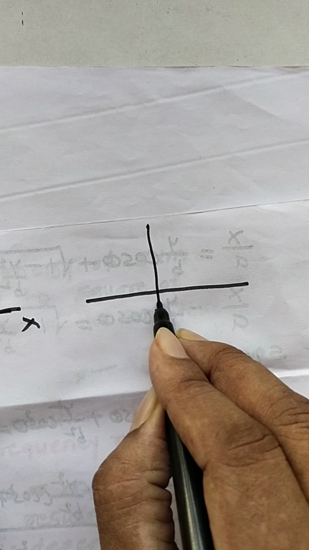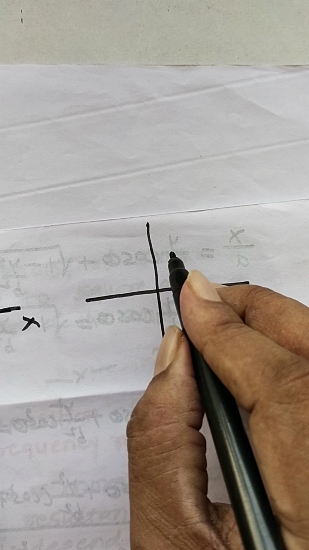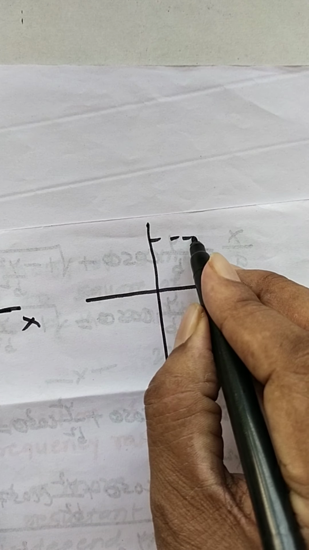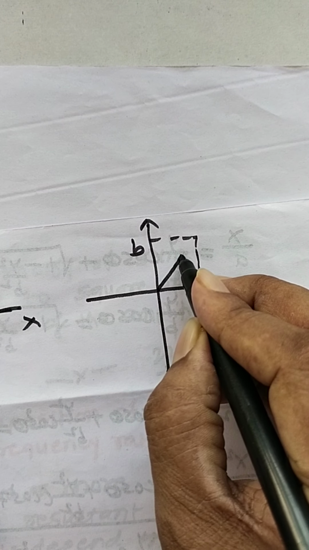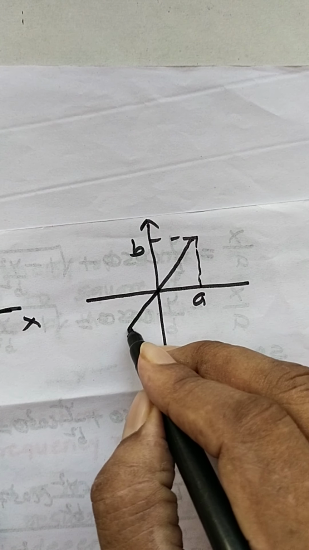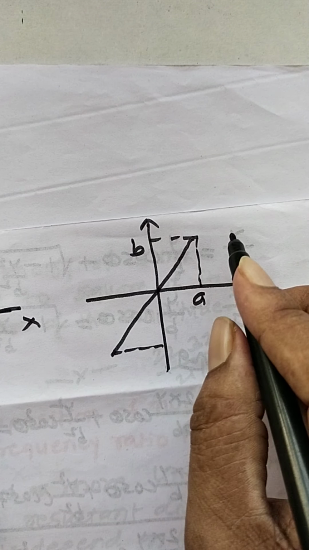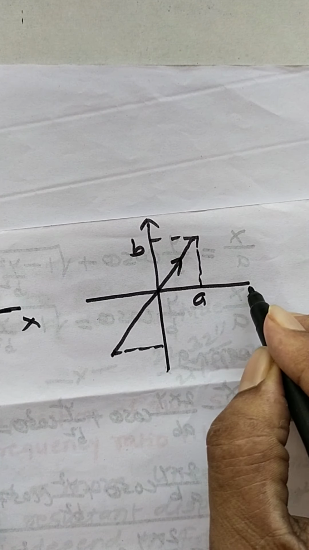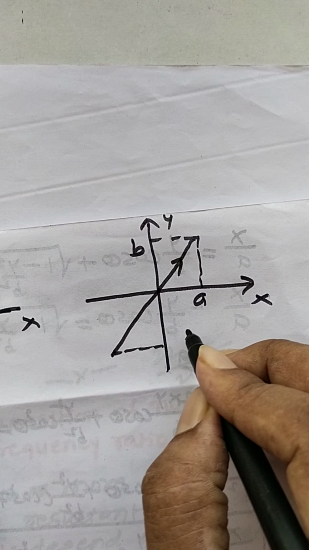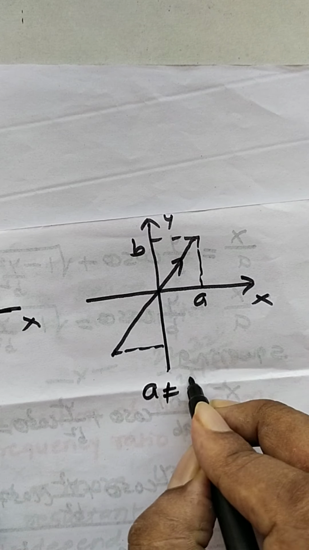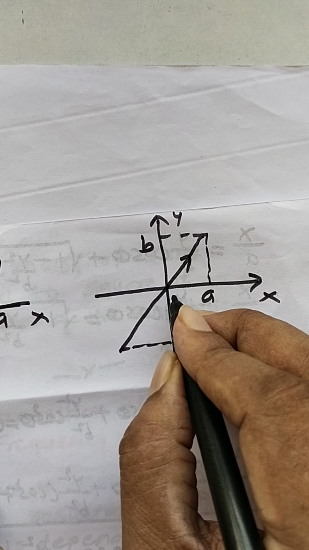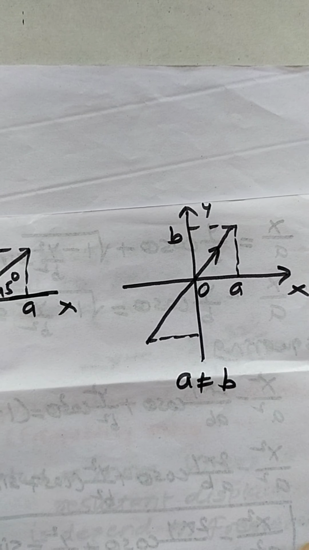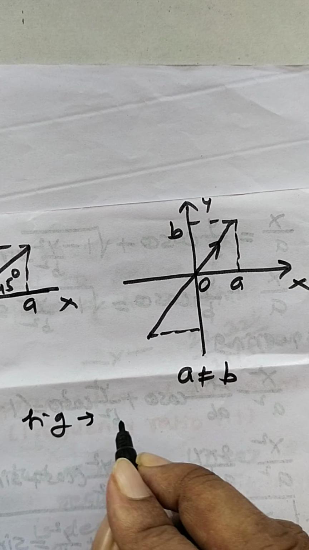And again when a is not equal to b, it is not 45 degree. This figure shows the resultant motion.